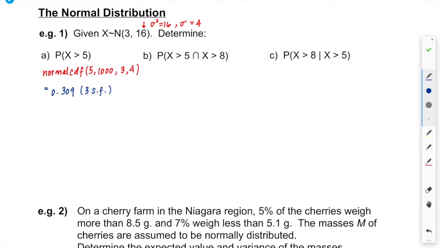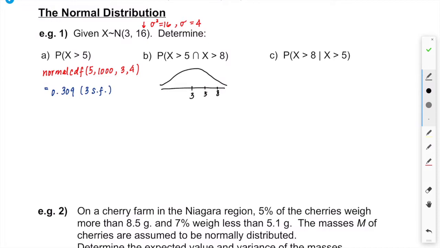B, I'm looking for p of x greater than 5 and x is greater than 8. So if I make a sketch of this situation here, so here's a bell curve. The middle is 3. I need something bigger than 5 and intersecting with something greater than 8. Of course, this is not drawn to scale.